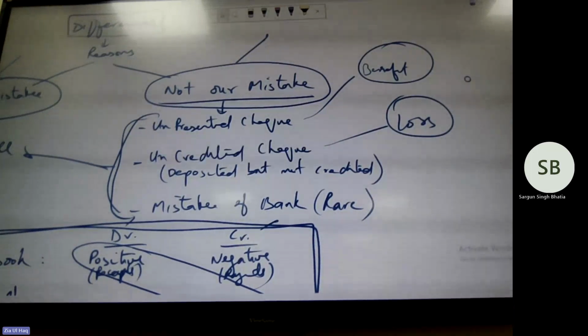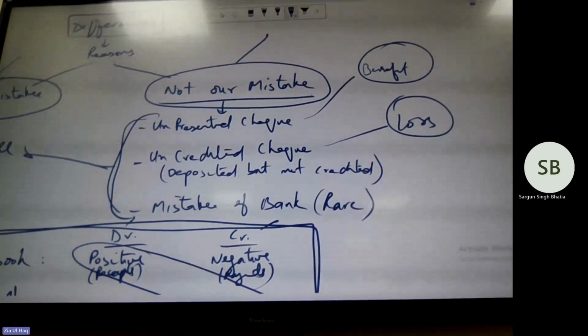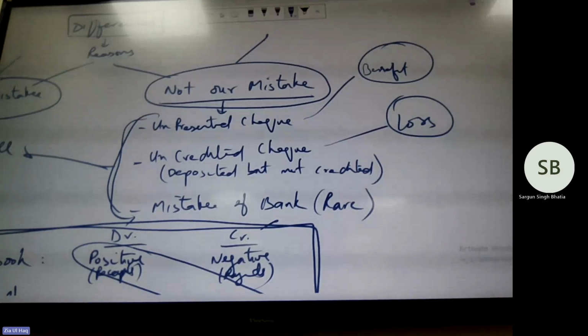Customer hasn't withdrawn from the bank. But for uncredited checks, we received the payment. We recorded in the cash book, deposited check to the bank, but it's not cleared from other bank. Means still the money has not come to our bank account. This means this is our loss.